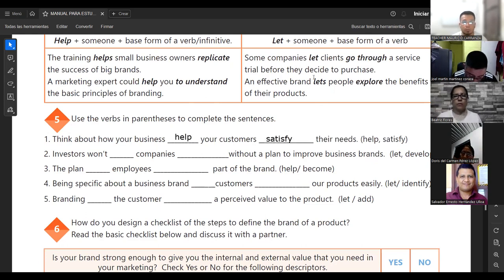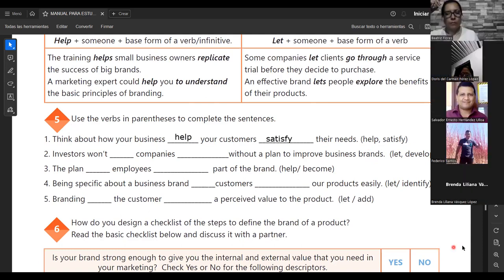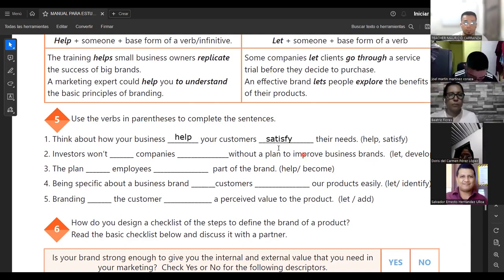Very good. Thank you very much, Doris. Do you think it's correct, everybody? Yes, it is, right? Okay, number two, Joel. Investors won't let companies develop within a plan to improve business brand.